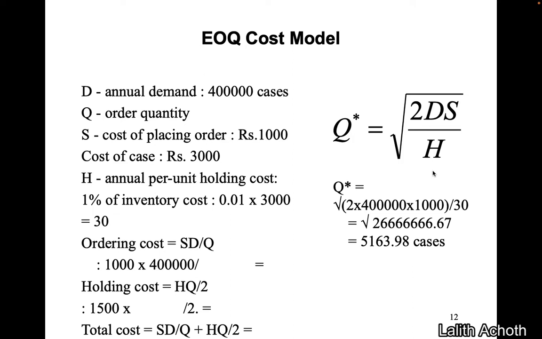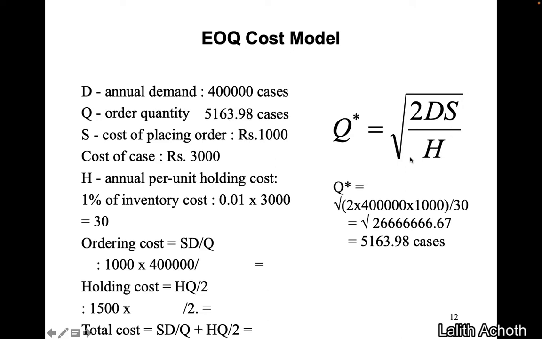So you should keep only 5,164 cases or thereabout. Unless you do that, you will be keeping too much inventory and your cost of inventory will go up, and the damages and the space that you require, a whole lot of problems. So this is the economic order quantity calculated using a simple formula, square root of 2DS by H.